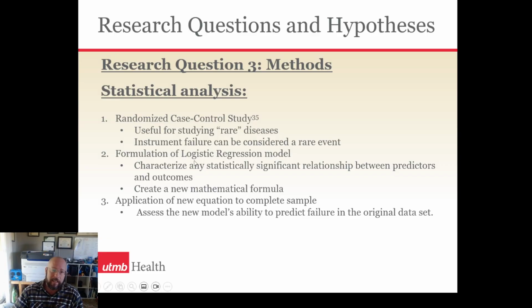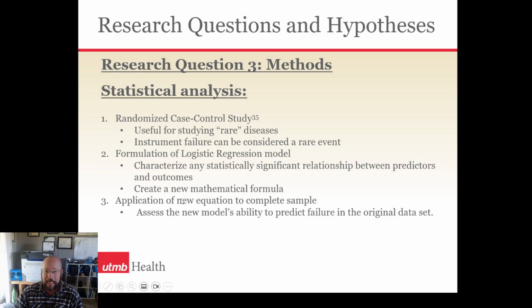The formation of the logistic regression model characterizes, of course, the statistical significance between predictors and outcomes. So the predictors, again, are our QC and our QA data. Our outcomes would be mechanical failure. And then we created a brand new mathematical formula based on the lessons learned from research question 2.